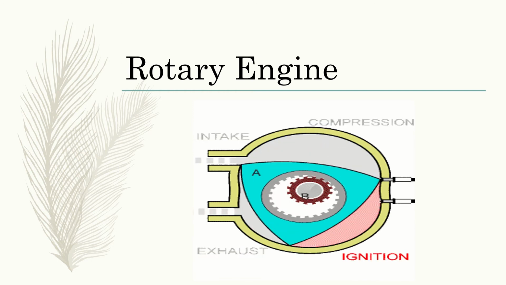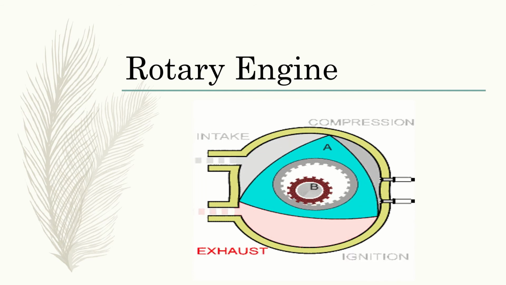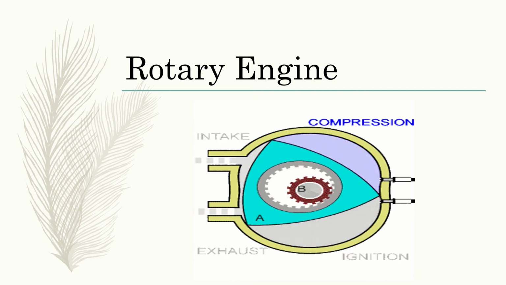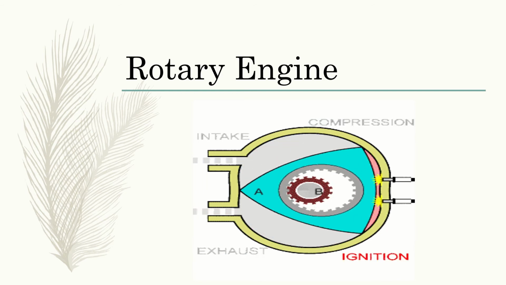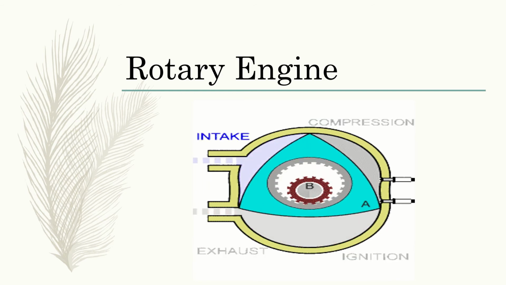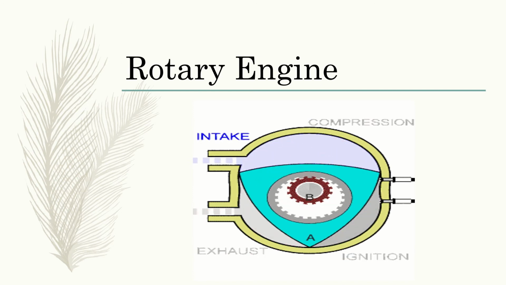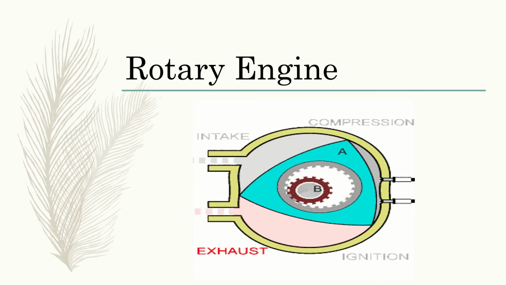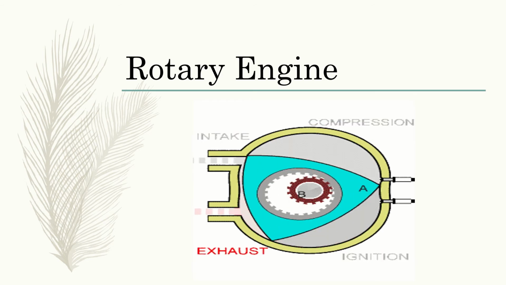As soon as the rotor end passes the intake port, it moves onto the compression stage, while the next phase of the rotor starts the step over. Next is the compression, wherein as the rotor continues spinning, the air-fuel mixture becomes compressed because the chamber is decreasing in size.